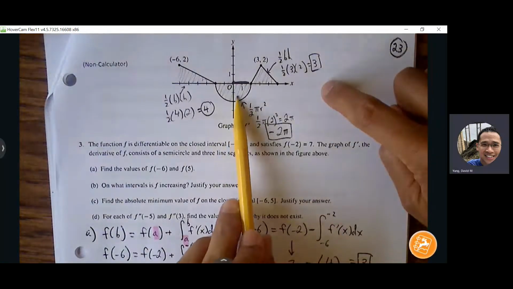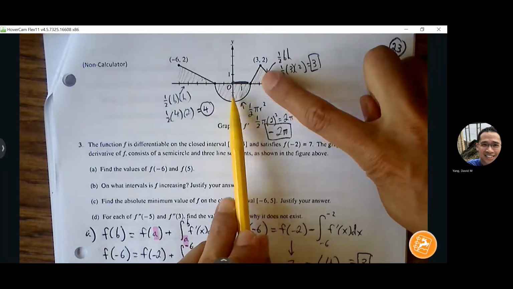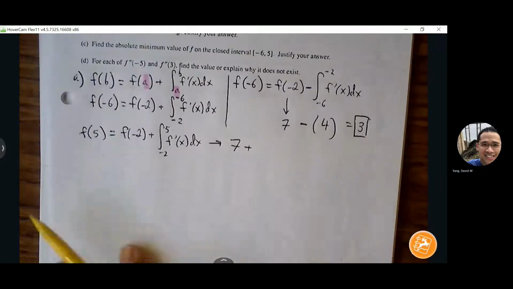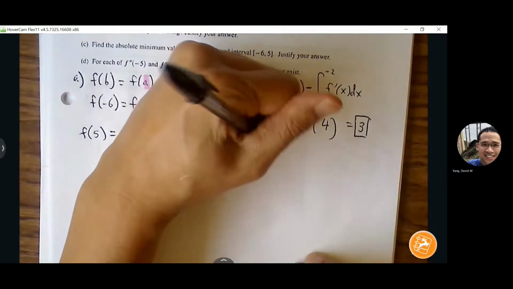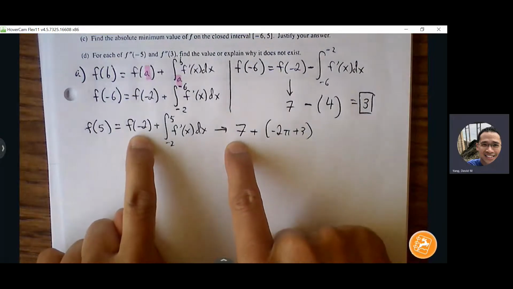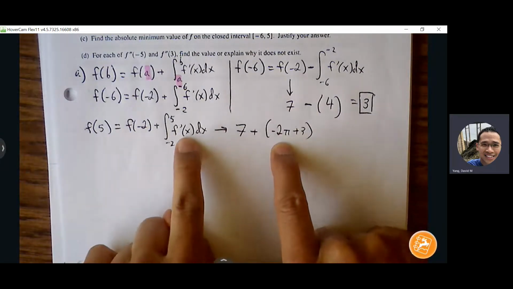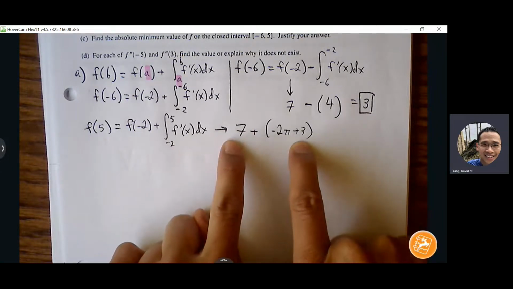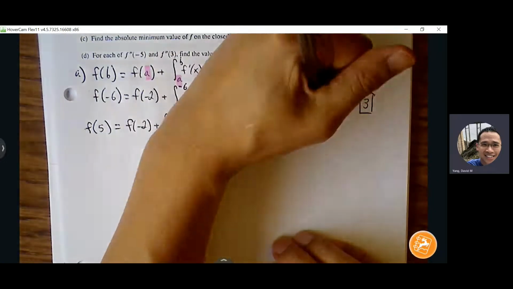So negative 2 pi plus 3. Negative is below, positive is above. So 7 represents f of negative 2. Negative 2 pi plus 3 represents the area under the curve between negative 2 and 5. Okay, combine like terms, 10 minus 2 pi.